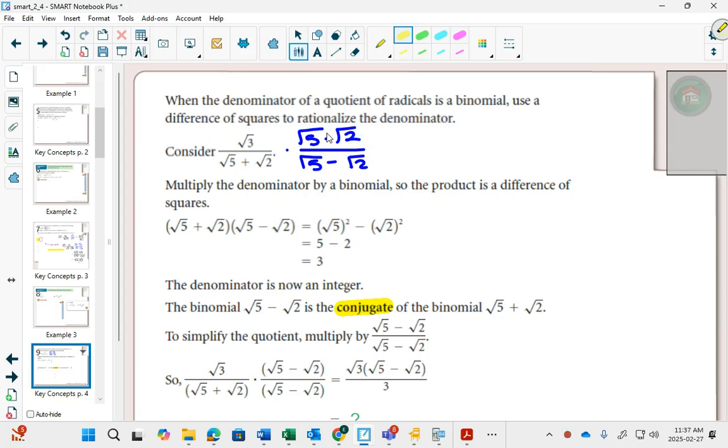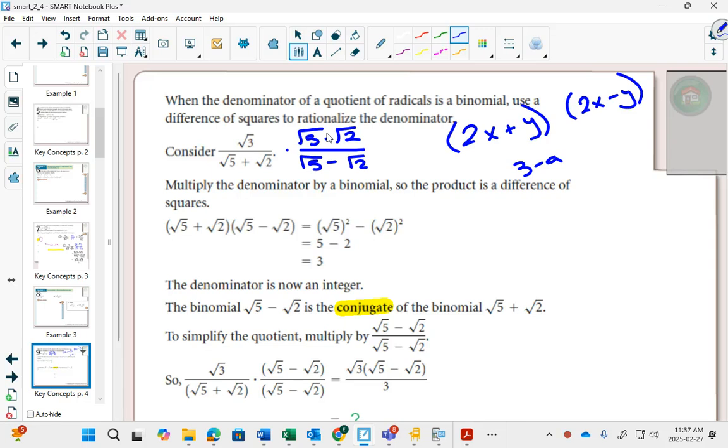So if I had, for example, 2x plus y, if that was one binomial, the conjugate would be 2x minus y. If I had 3 minus a, that's a binomial, the conjugate of that would be 3 plus a.